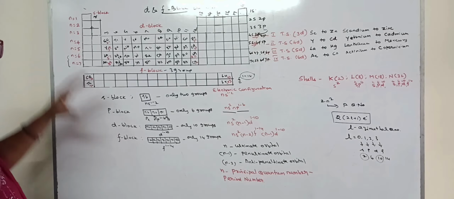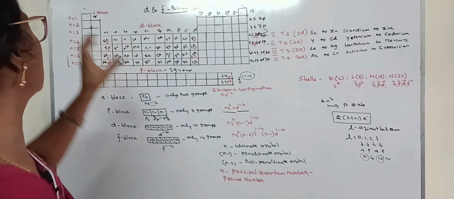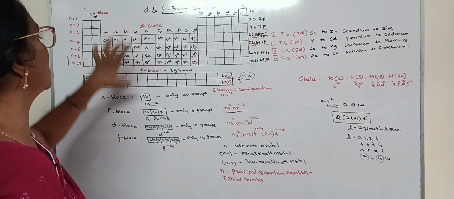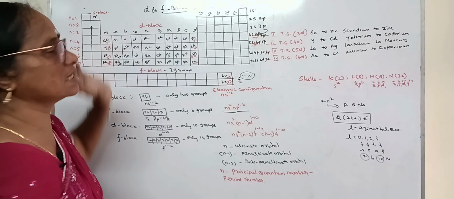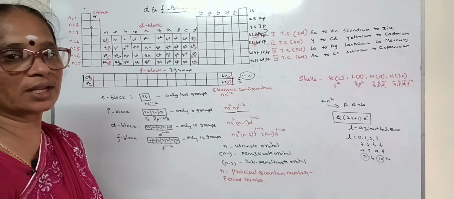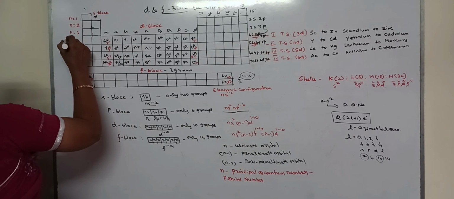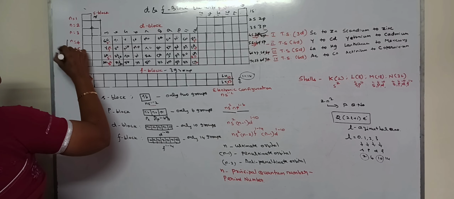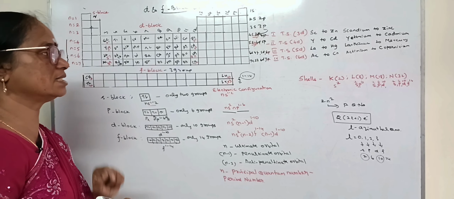Okay. So this makes the periodic table into 4 different blocks: S block, P block, D block and F block. So in this chapter we are going to discuss D and F block elements. The D block starts from group number 4 to 7, where the d orbital is being filled up with the valence electron.